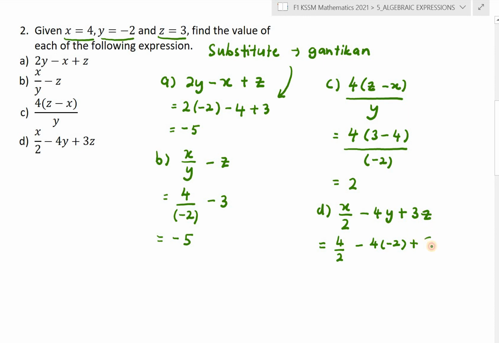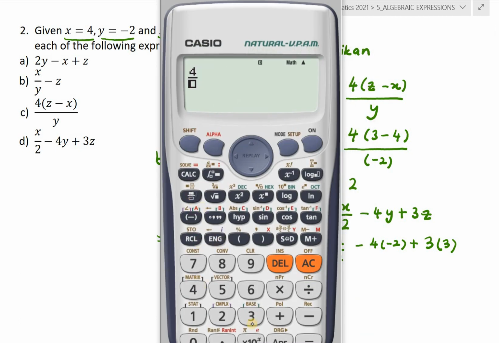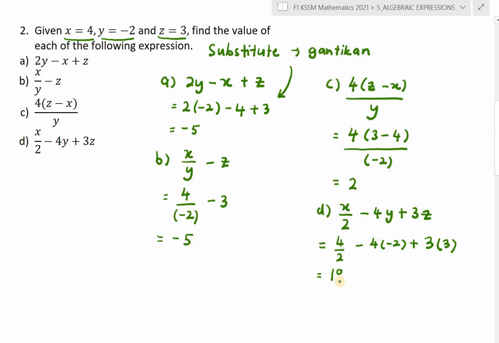Then we can press our calculator to get the answer: 4 over 2, minus 4 times negative 2, plus 3 times 3. So our answer is 19. Alright, so done with question 2.